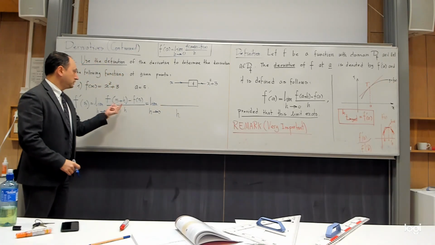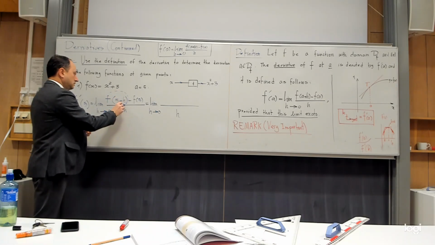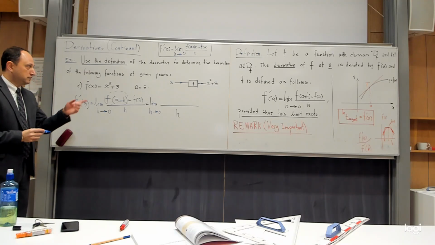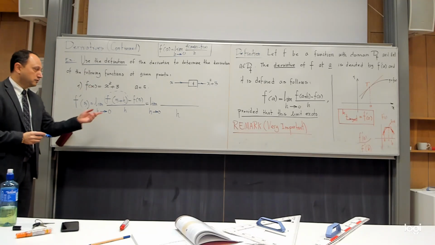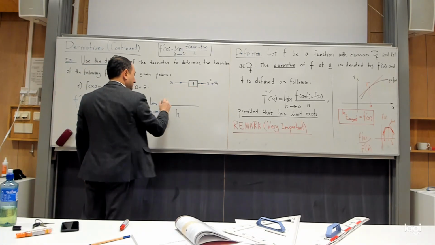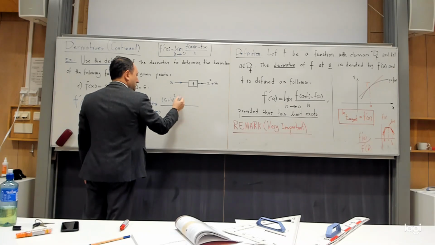Now the input, read it for me. What is the input that you see? 5 plus h. So the function will do exactly the same thing for this new input, meaning that it squares it and then adds 3 to it.